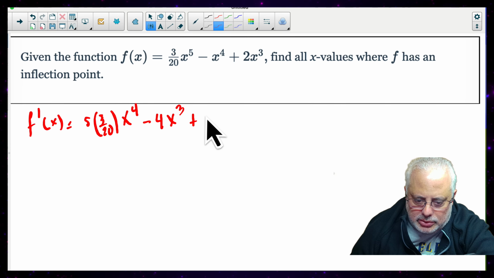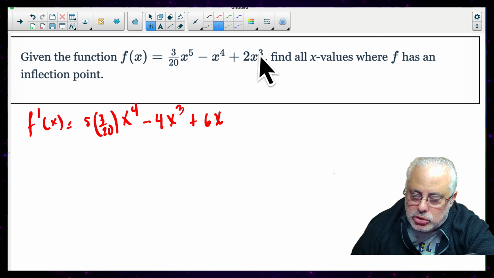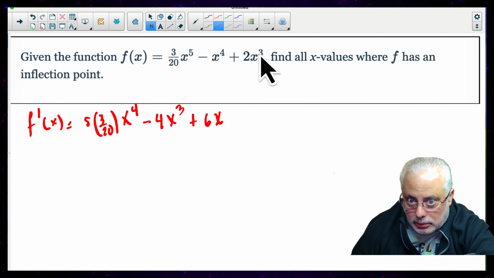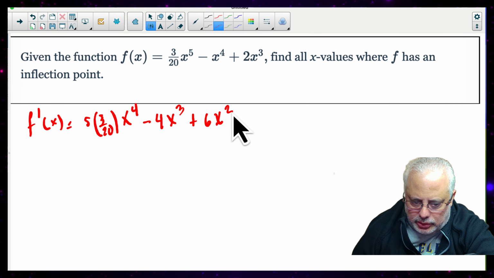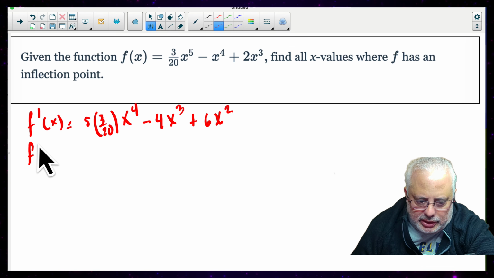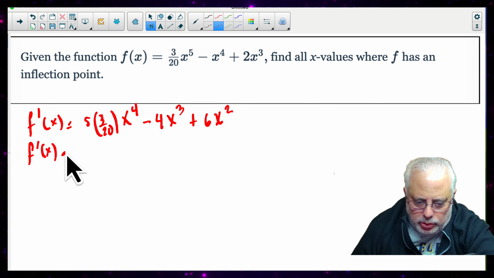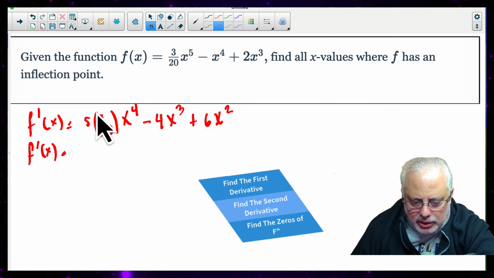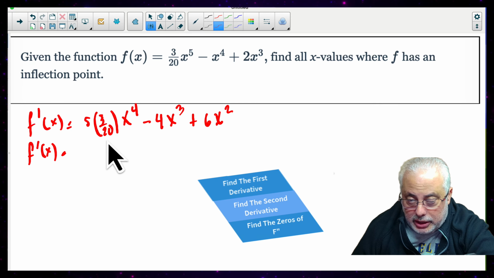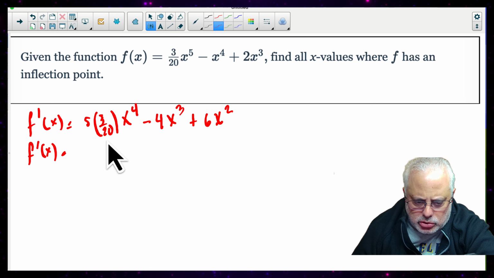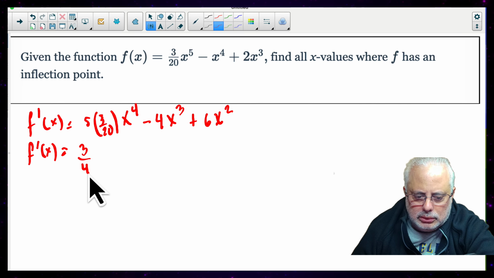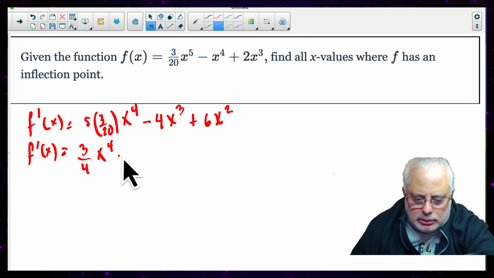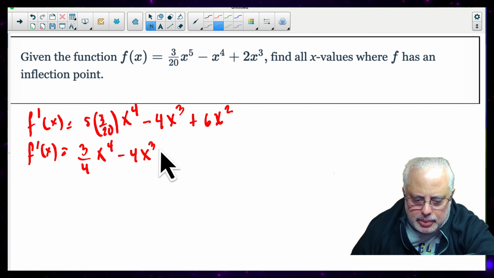Plus 3 times 2, 6x, and we subtract 1 from 3, 3 minus 1, 2. This is the first derivative. We can simplify this more, because when we multiply 5 times 3 over 20, 5 divided by 5 is 1, and 20 divided by 5 is 4, so we have 3 over 4 right here, x to the 4th power. The rest stay the same.